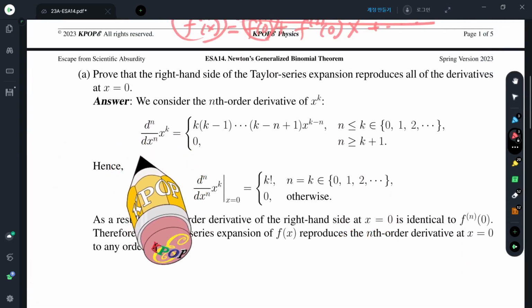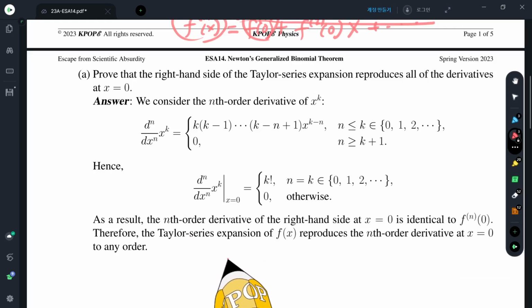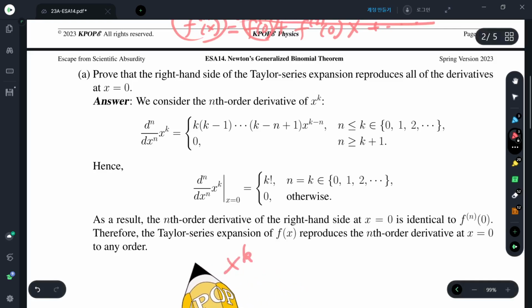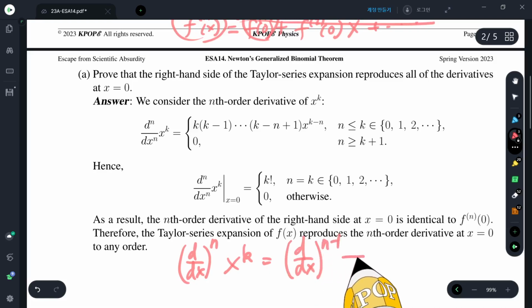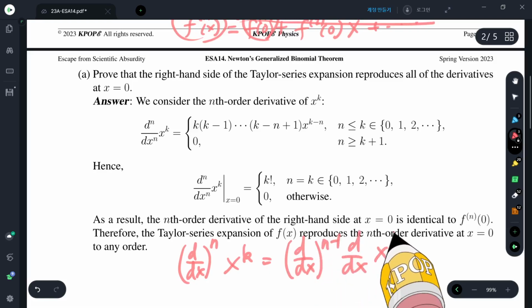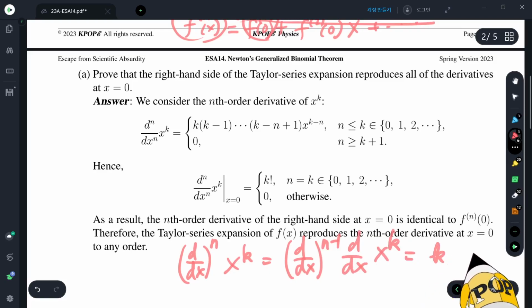If I take the nth order derivative of x to the k, first order derivative gives k x to the k minus 1, and then the derivative n minus 1.